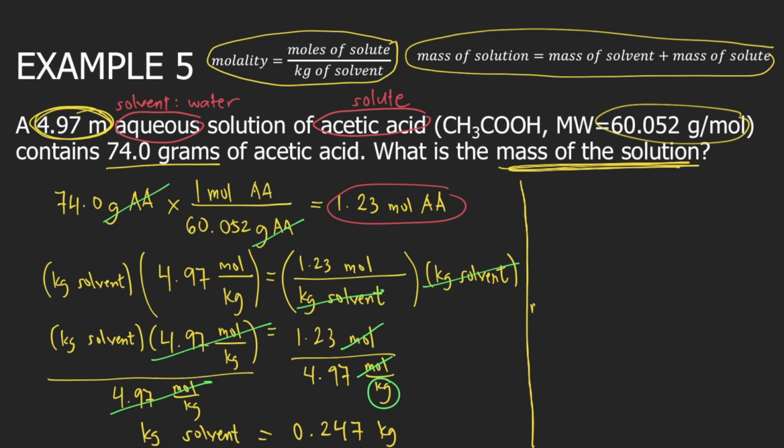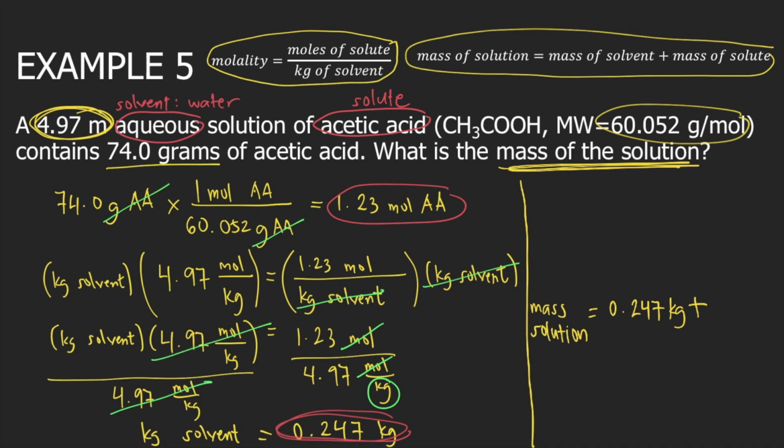So mass of solution is equal to the mass of solvent, which we solved earlier. It's 0.247 kilograms, plus the mass of solute.